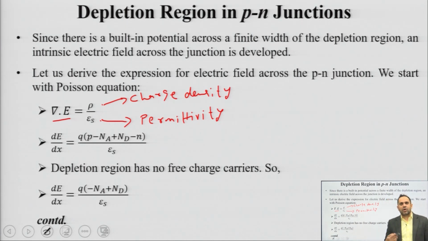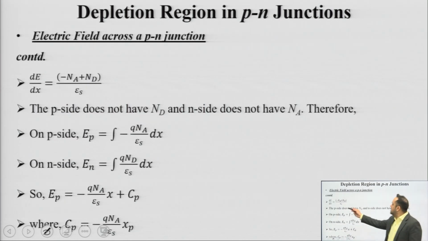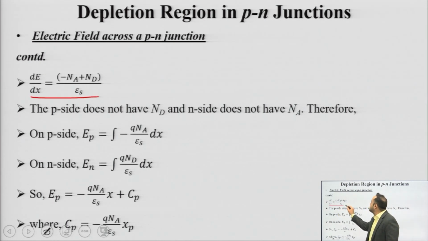Depletion region is called depletion region because it is depleted of free charge carriers. So, p and n are 0 inside the depletion region. Why only depletion region? Because electric field is only present inside the depletion region. So, I only use the doping densities. So, dE by dx can be written as, there is going to be another term q here.